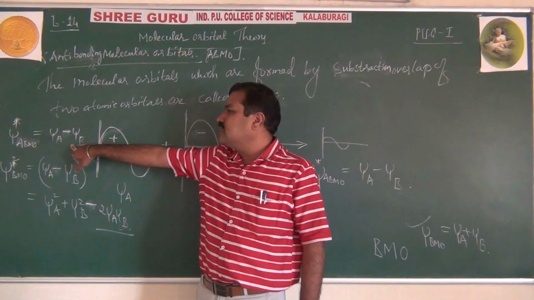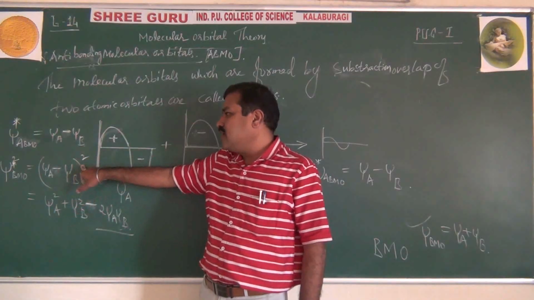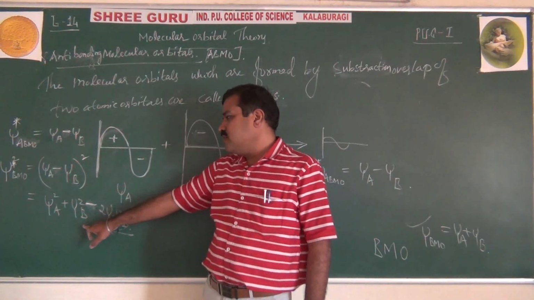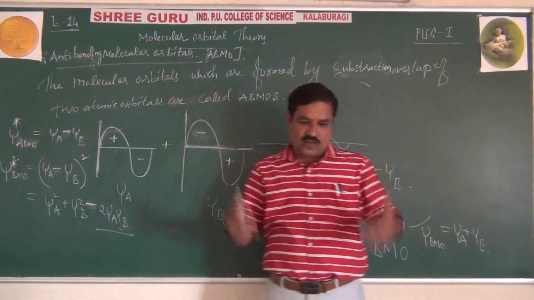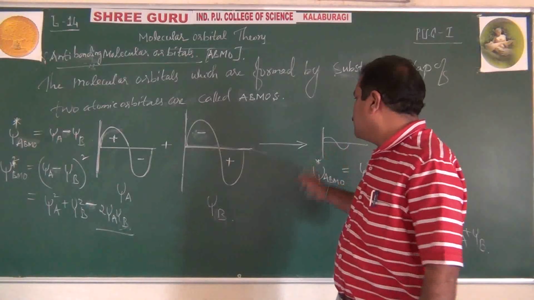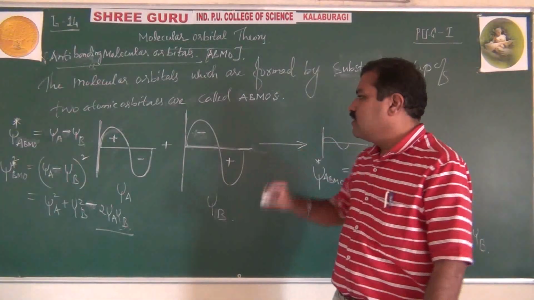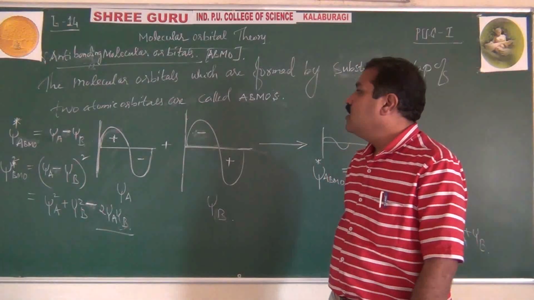Star or asterisk is the indication of antibonding: psi A minus psi B. Once again, electron probability density is psi A minus psi B whole square, psi square A plus psi square B minus 2 psi A psi B. That means electron probability density decreases by a factor of 2 psi A psi B. That's about antibonding molecular orbitals.